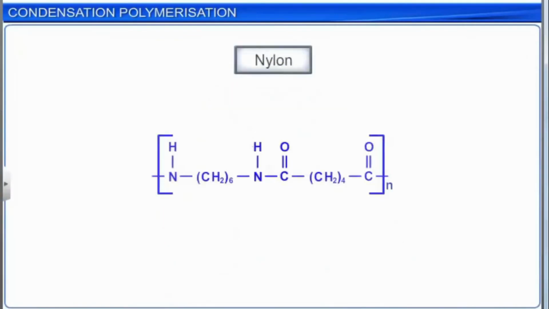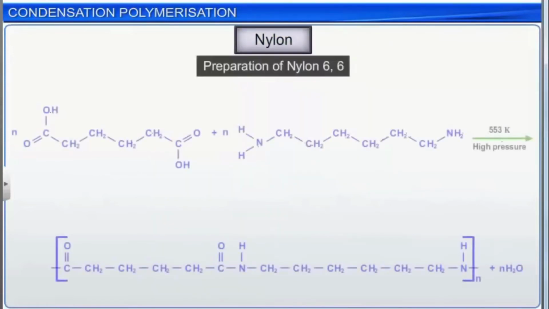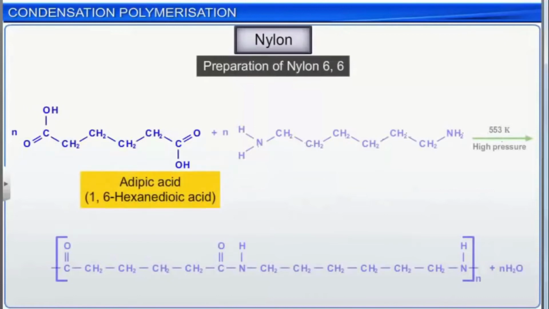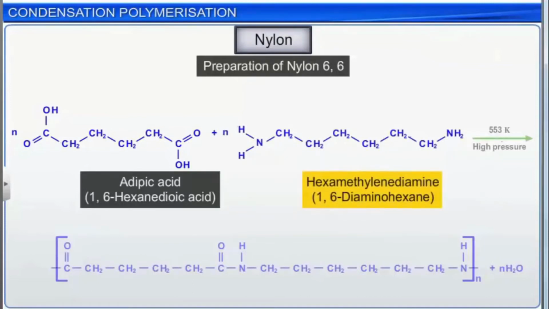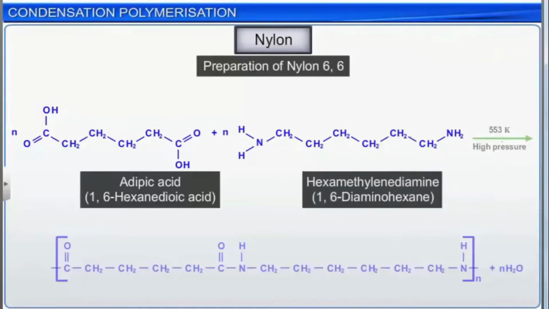Several different forms of nylon have been synthesized. One important nylon polymer is nylon 6,6. To obtain nylon 6,6, adipic acid or 1,6-hexanedioic acid is made to react with hexamethylenediamine or 1,6-diaminohexane at a high temperature of 553 Kelvin and high pressure.